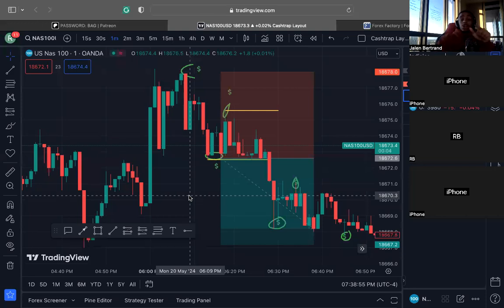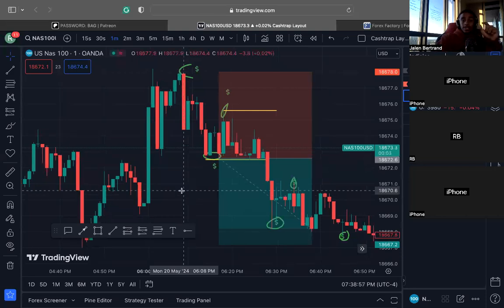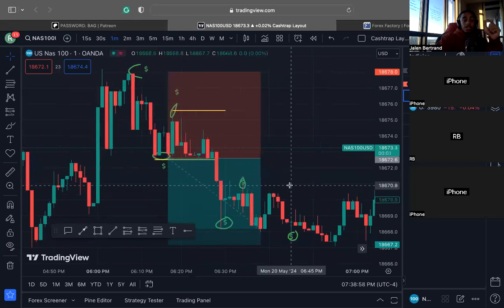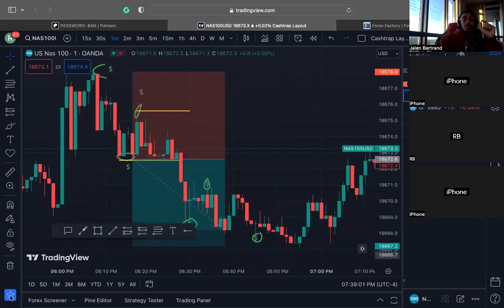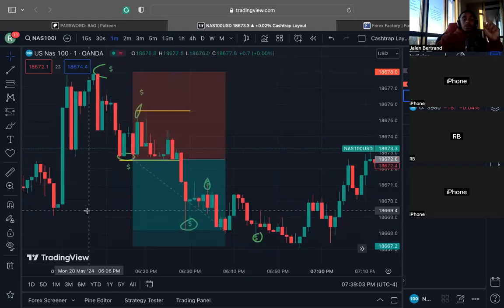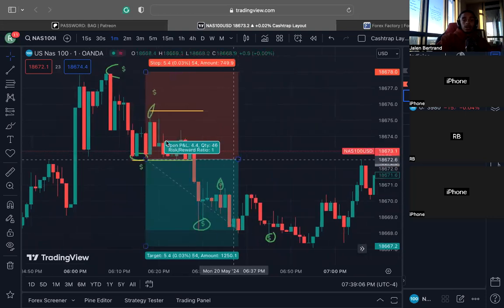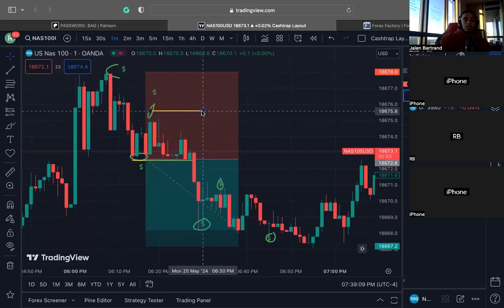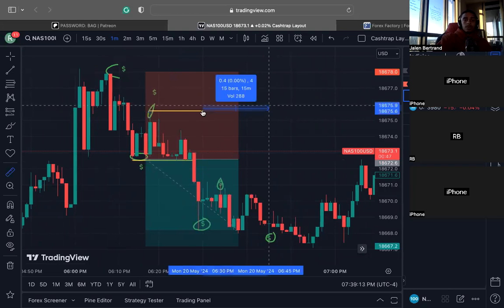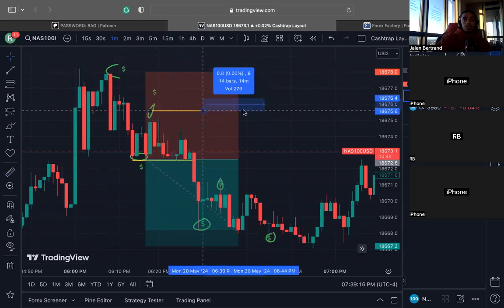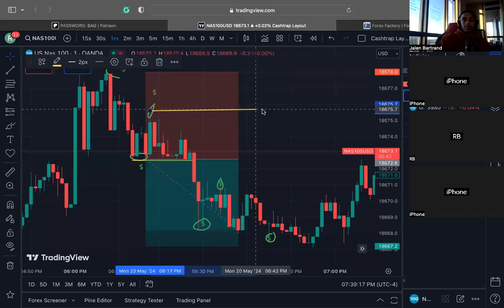Now, what I'm going to show you is right here how our odds change drastically depending on how patient we are in our placement of our trade. I'm going to show you what 2 different entries look like.